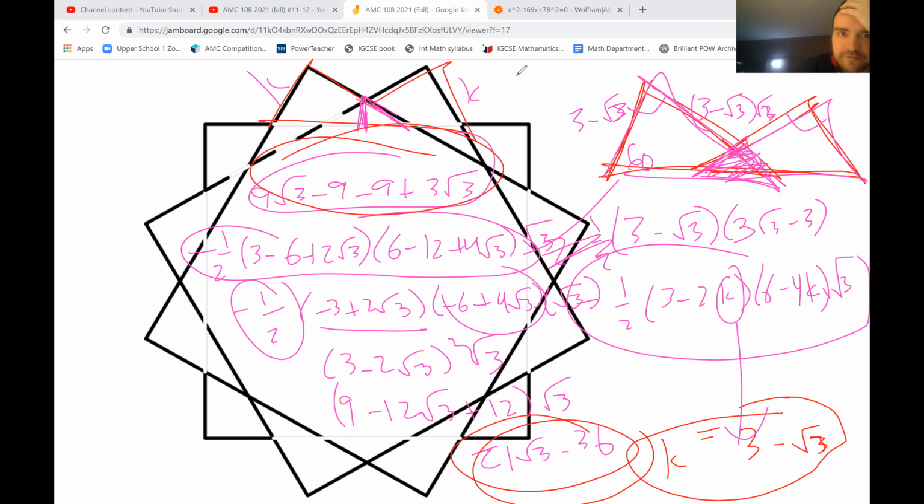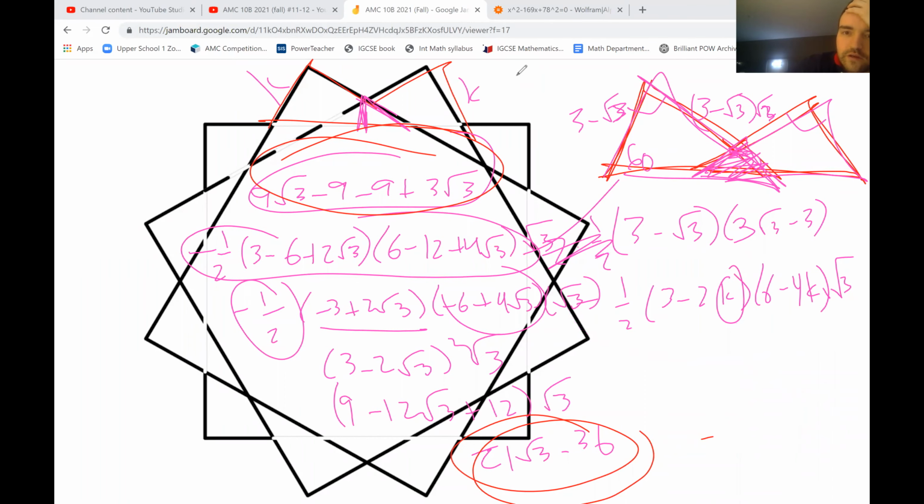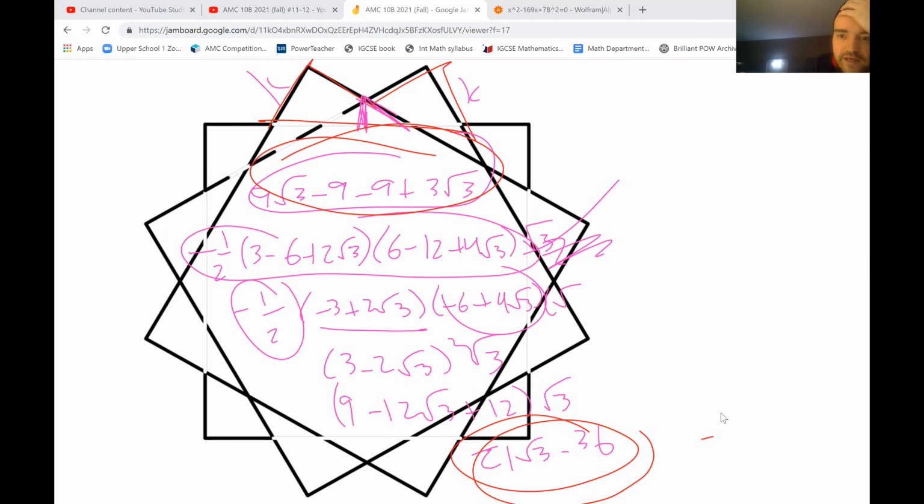So if I simplify that part, I'm going to erase over here to make myself more room. I'm going to have what? 12 root 3 minus 18 minus 21 root 3 plus 36. Oh, plus 36.